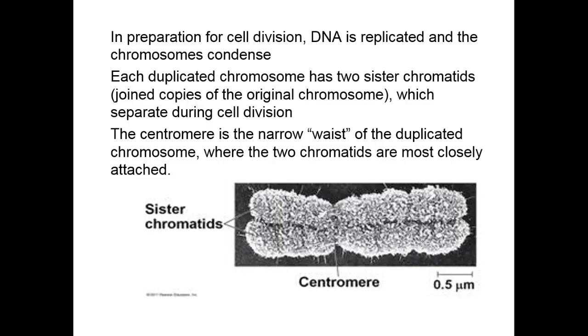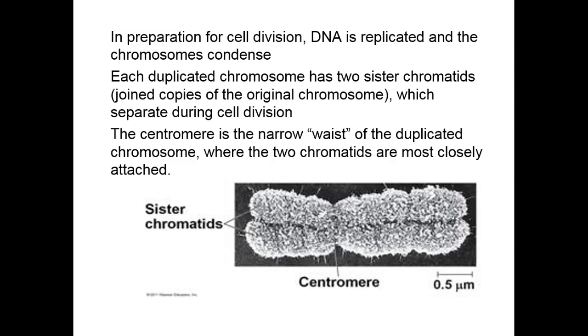When the cell is getting ready for division, DNA is replicated. It has to be replicated because we're going to create two daughter cells. Those two daughter cells are going to be identical. They're going to be identical from every aspect, but the first thing that makes them identical is the replication of the DNA.